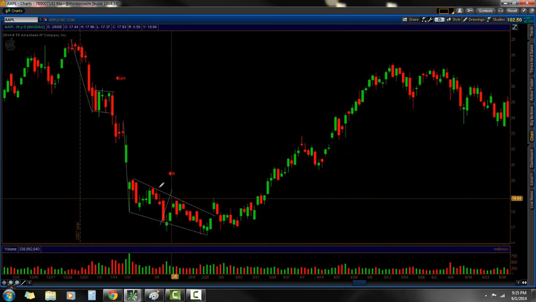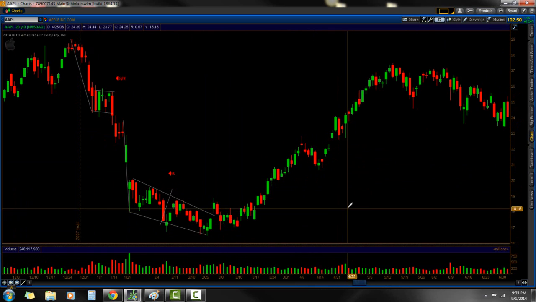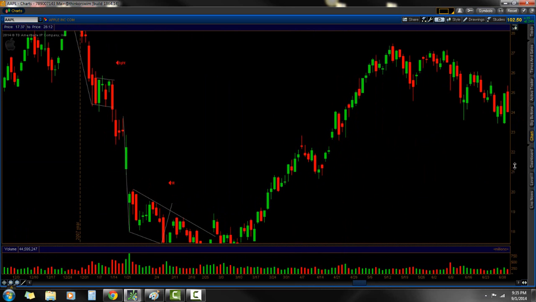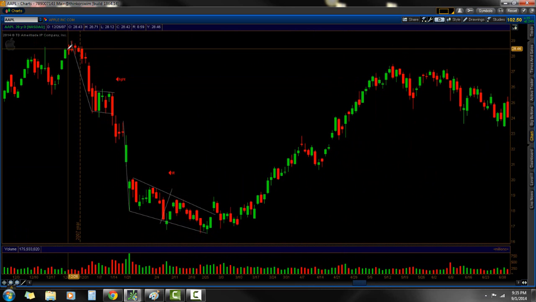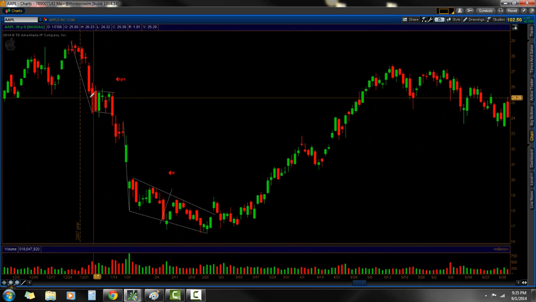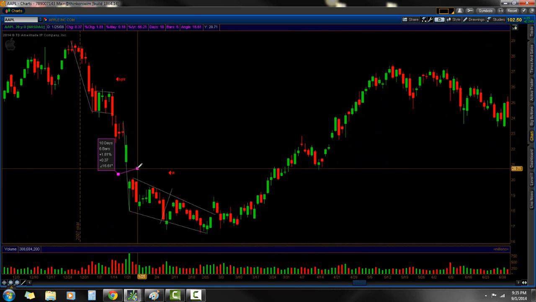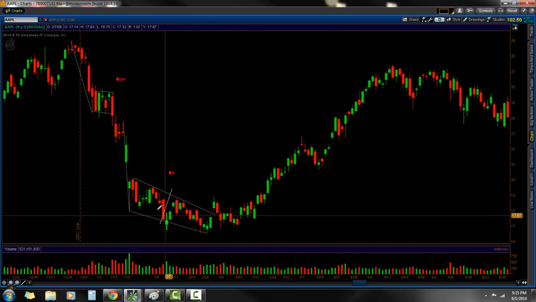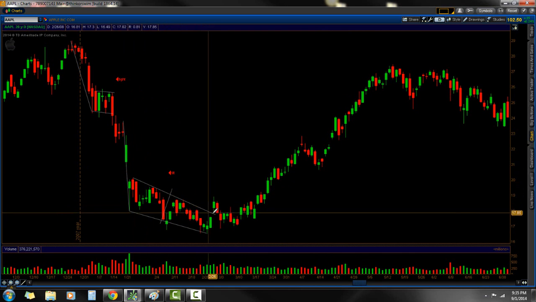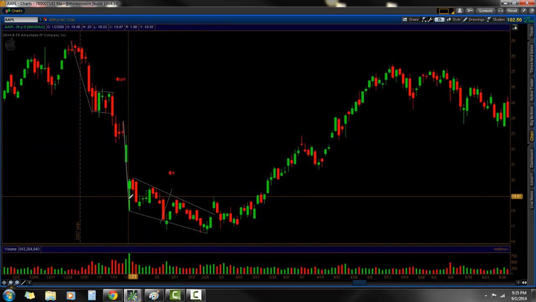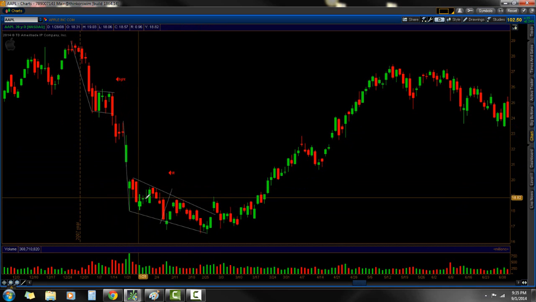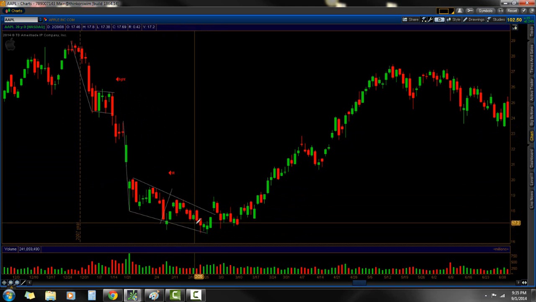Alright, here's two flags in a row. You will see this happen because they are pretty common patterns. This one up here, single day candles, not even worth talking about. This one here, again with the gap in the pole, very common thing. Problem is it's tilting with the pole. The pole's going down, so is the flag, and it's also too long.